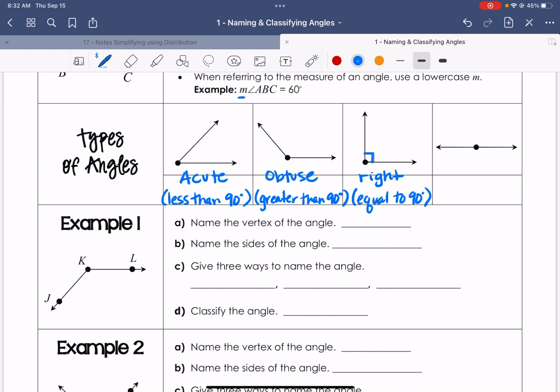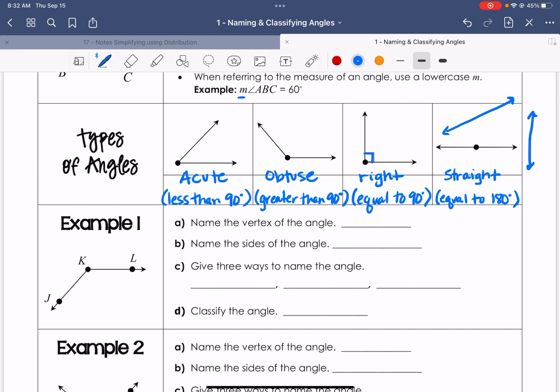Anytime you have a flat line, it doesn't have to be horizontal like this. It could go up and down. Okay, it could go side to side, kind of crooked. These are called straight angles because there's no bend in them. And they are always equal to 180 degrees. A straight line is always 180 degrees, the angle is, because there's no angle, it's flat.